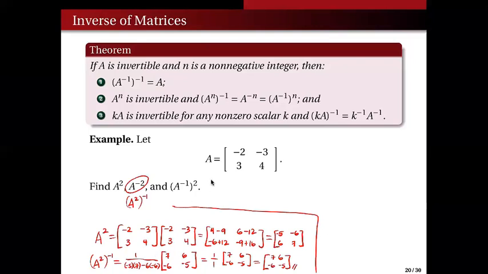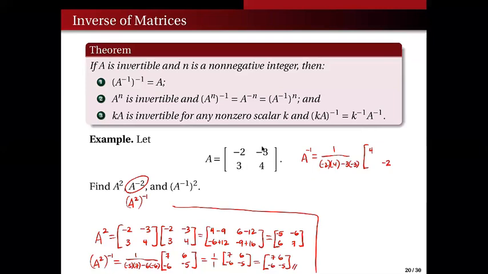Now, let's look at A inverse first. So A inverse is 1 over negative 2 times 4 minus 3 times negative 3. Oops, multiply to the matrix. Interchange, so 4, negative 2.